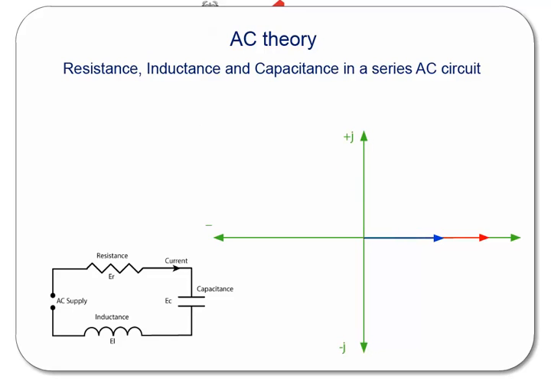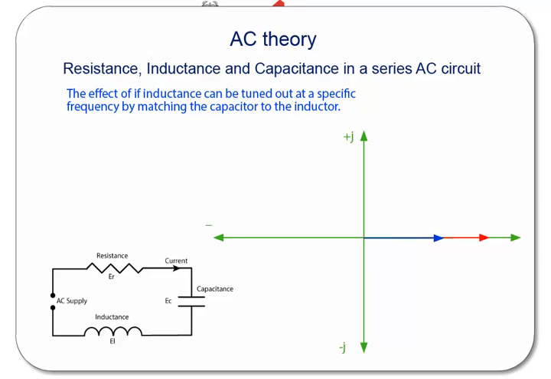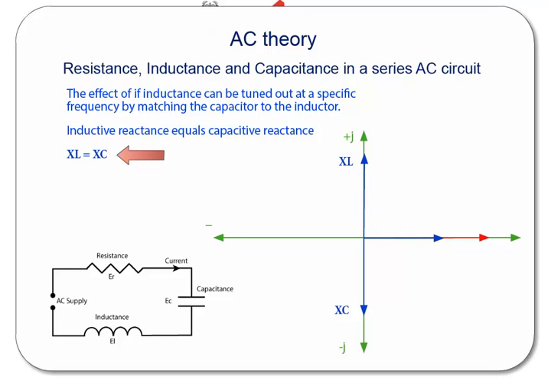The value of the inductive reactance and capacitive reactance will be the same at one particular frequency. The two reactive values will cancel each other out and the circuit will be only resistive. This is known as resonance. This method is used with power factor correction. A motor that is predominantly inductive can have its power factor corrected by adding a capacitor.